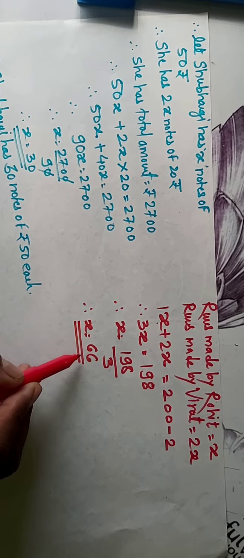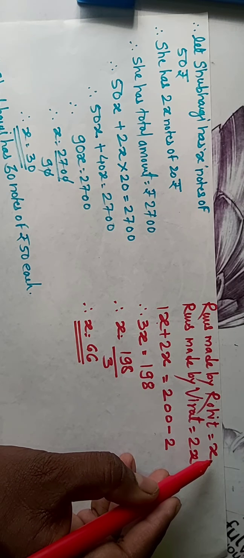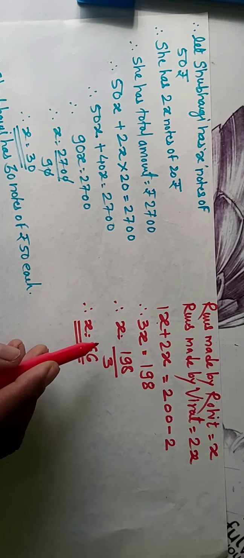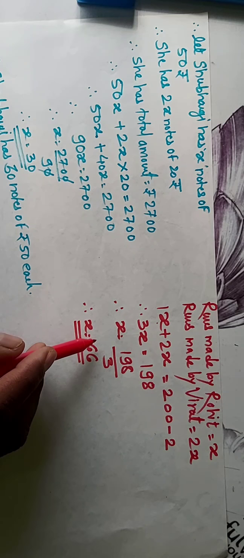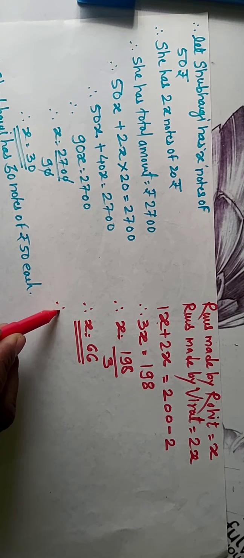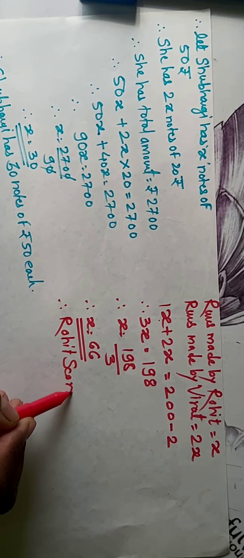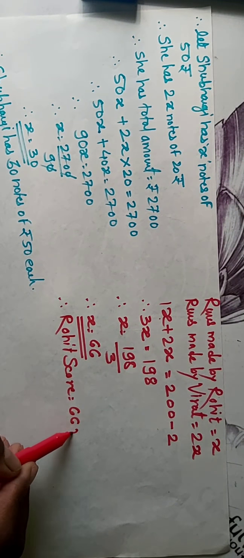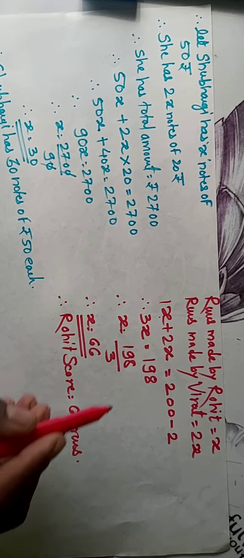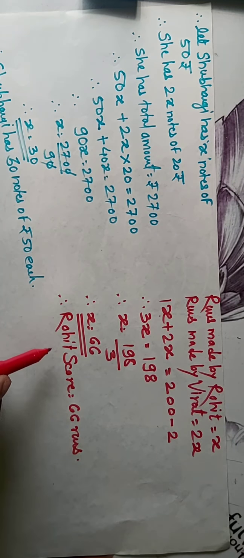So 66. Now 66 is whose run? X value means Rohit. So Rohit's score is equal to 66 runs. Now Virat is double that.